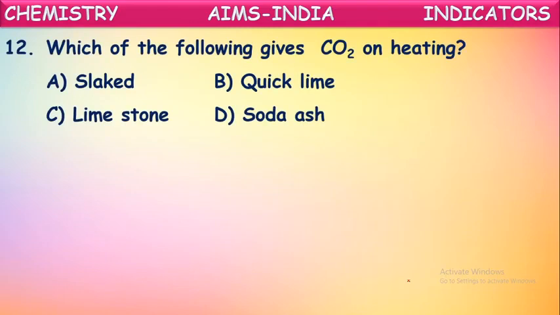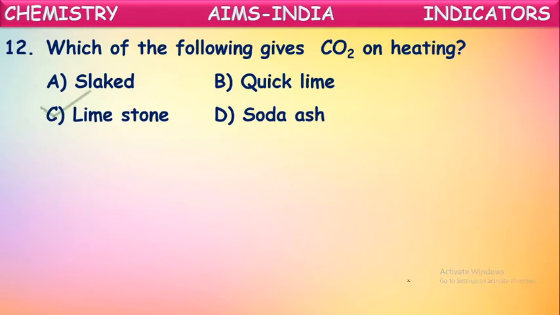Next one. Which of the following gives carbon dioxide on heating? This we have seen in different questions earlier. Let us say once again. Generally, the compounds which are called carbonates and bicarbonates, on heating, they give carbon dioxide. So, among the given, limestone is one of the carbonates, so this on heating gives carbon dioxide gas.